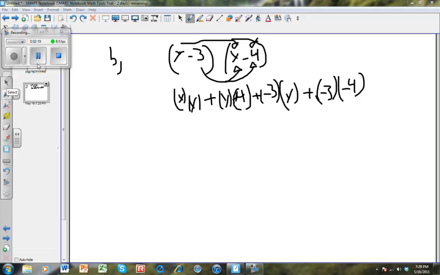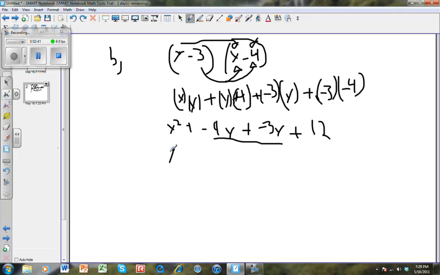So this becomes y squared plus negative 4y plus negative 3y plus positive 12. And then we can simplify this by putting these two together again. So it becomes y squared plus negative 7y plus 12. And there we go. I just crossed it out, but that's the answer.